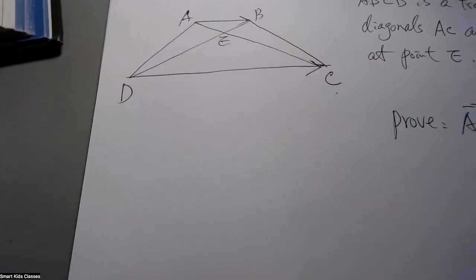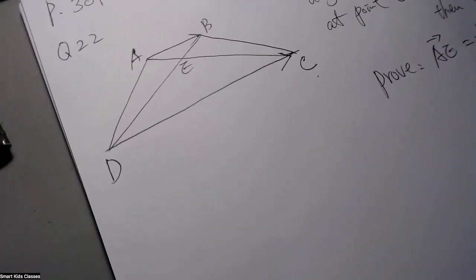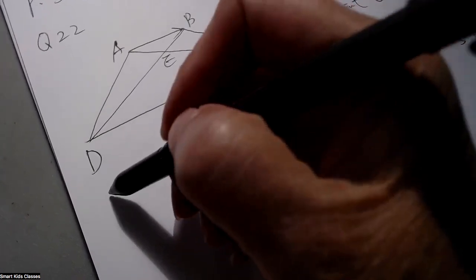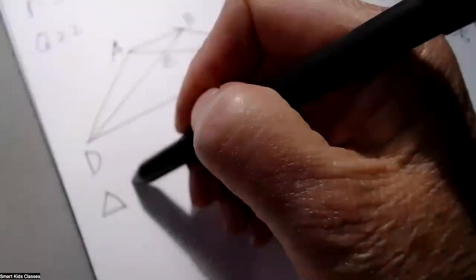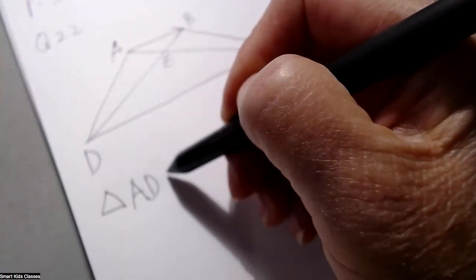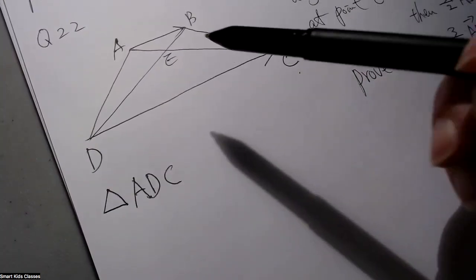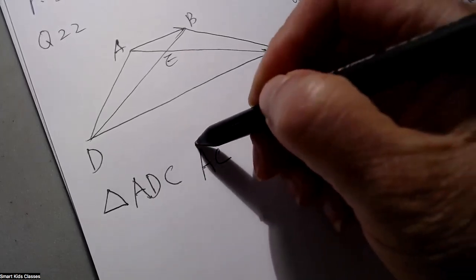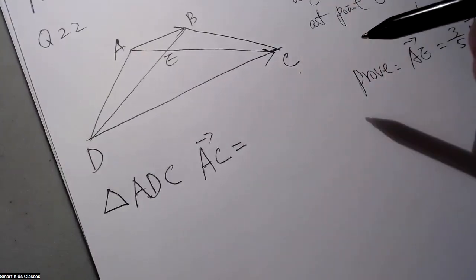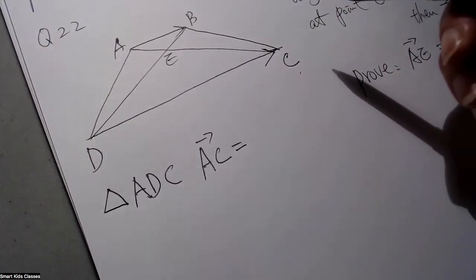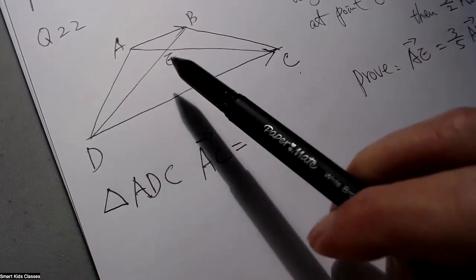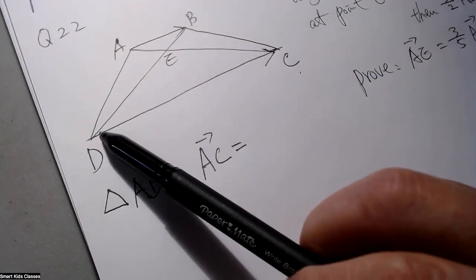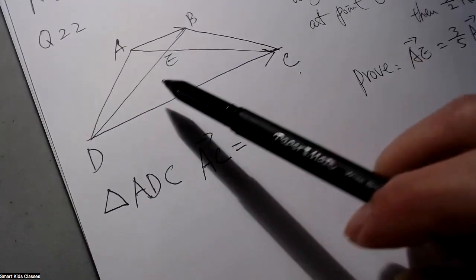So I'm going to make room on this side to work and move my camera to this side. So in triangle ADC, the key line is AC. So we write the vector AC. It is equal to what? AC is equal to AD plus DC.